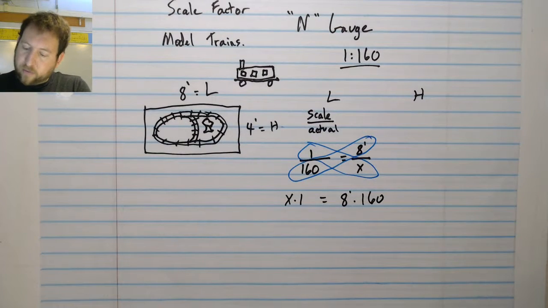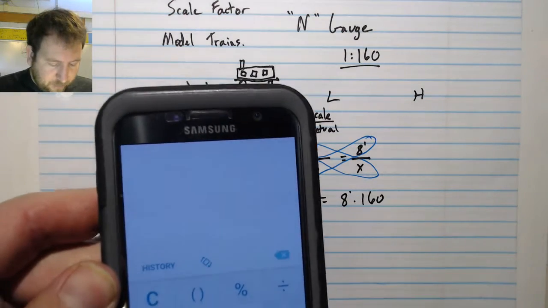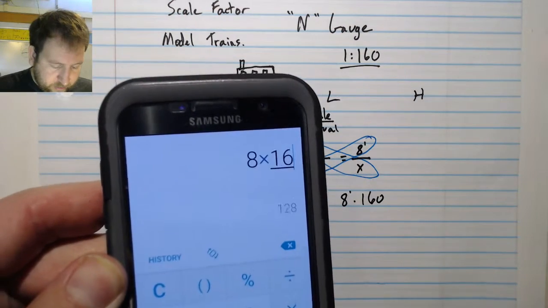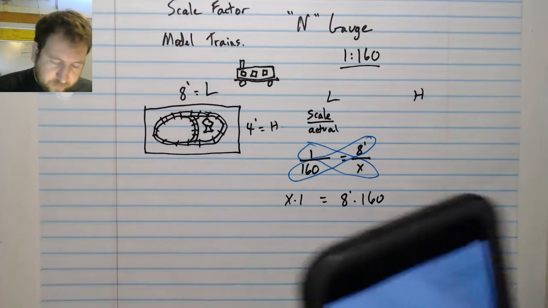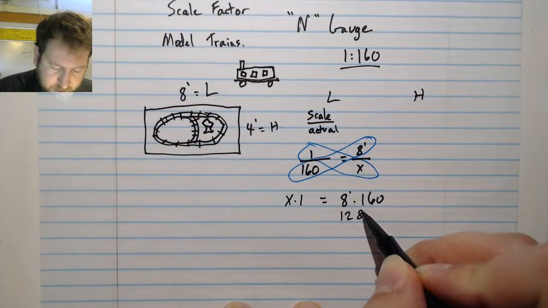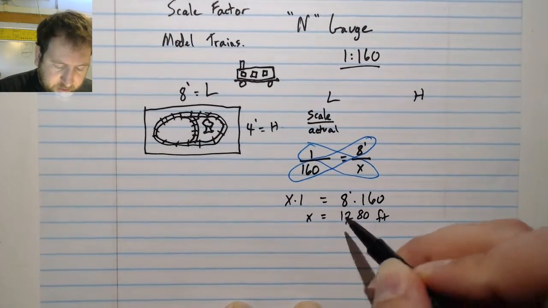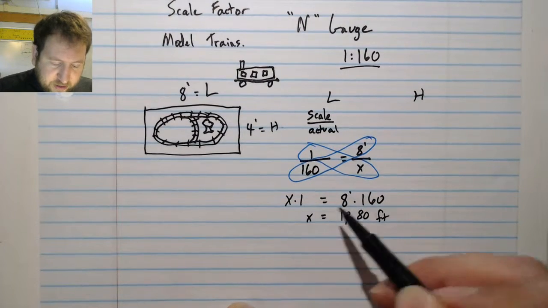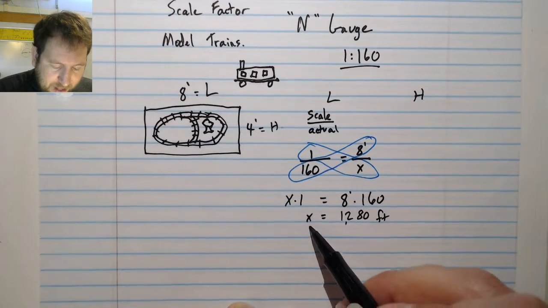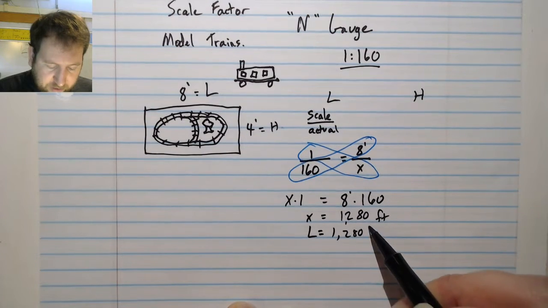Well, I know what x times 1 is. I don't need my calculator for that. But I'm going to go ahead and do 8 times 160 equals 1,280 feet, which is what my unit is currently in. So this I know is equal to my L. So my length represents 1,280 feet.